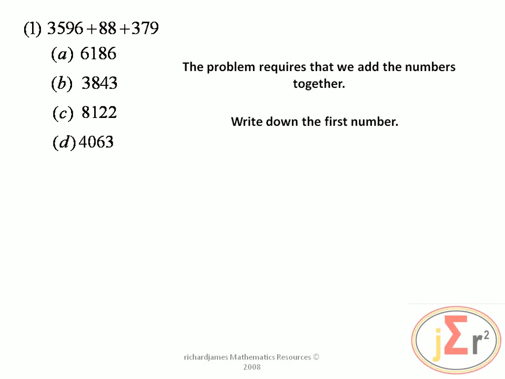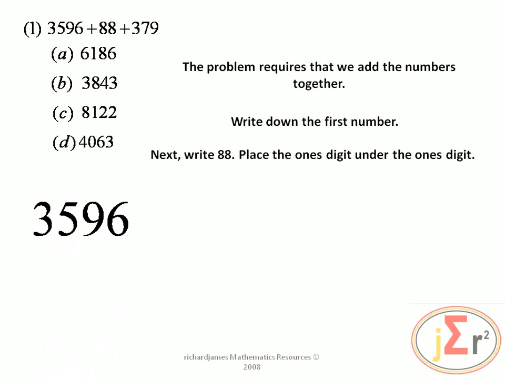Write down the first number. The first number is 3,596. Next, we are going to write down 88. We are going to place the ones digit under the ones digit. But before we do so, we are going to include the place values.